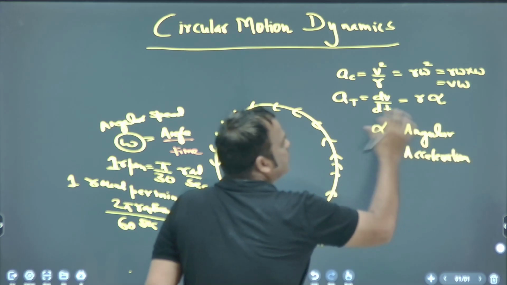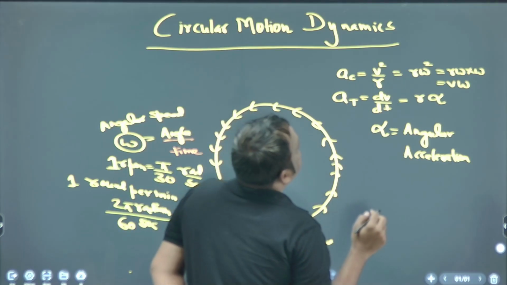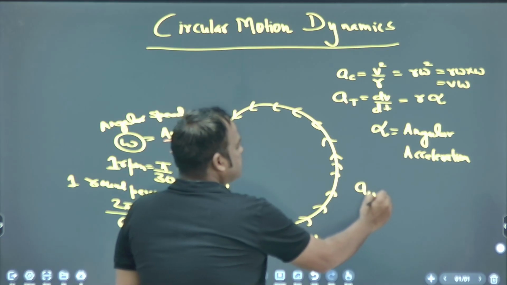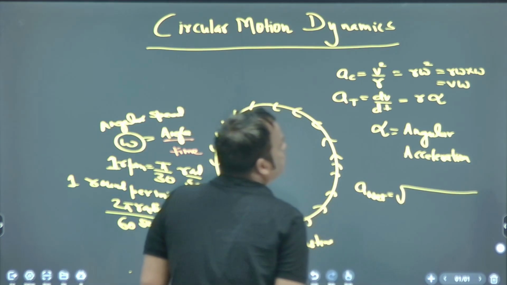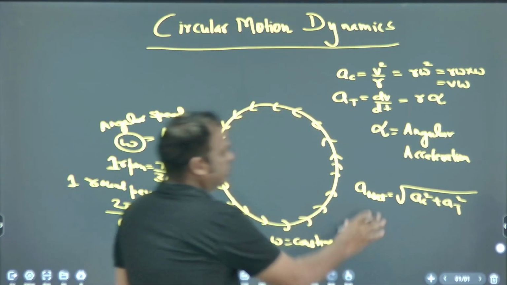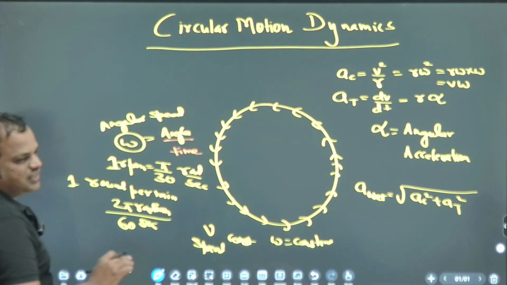We have discussed this all before. And what is the resultant acceleration? Square root of AC square plus AT square. Correct. Okay, fine. So this is kinematics.